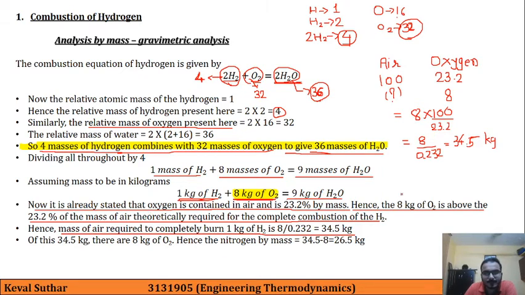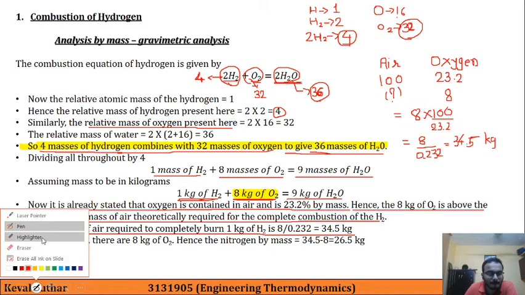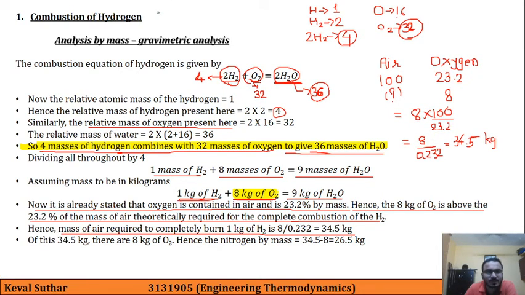One more thing that we were assuming here is that air is a combination of two things. First is oxygen and second is nitrogen.